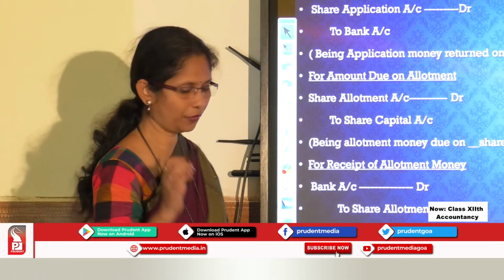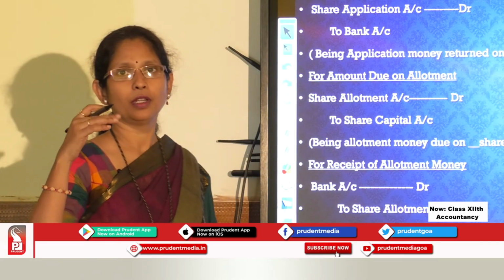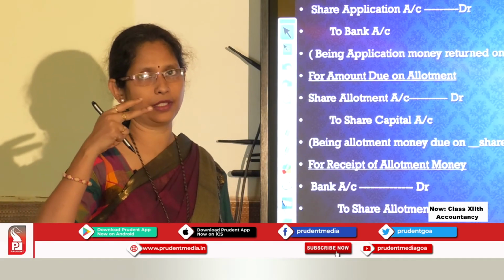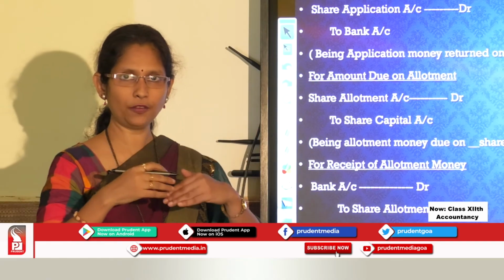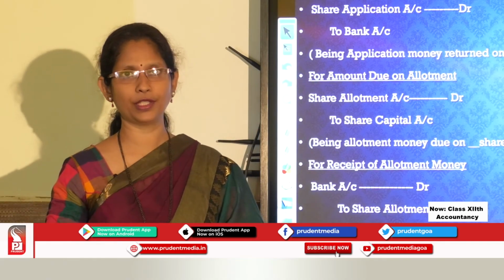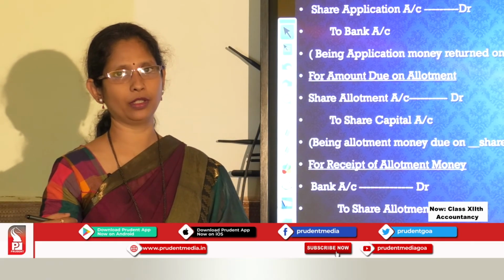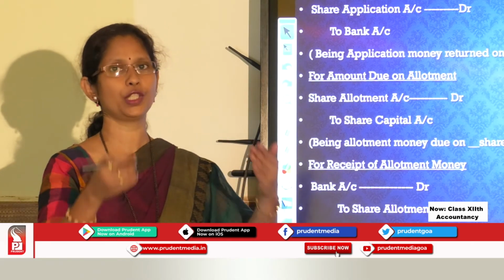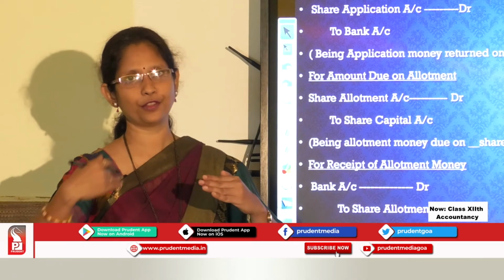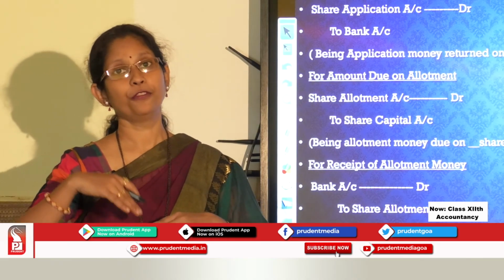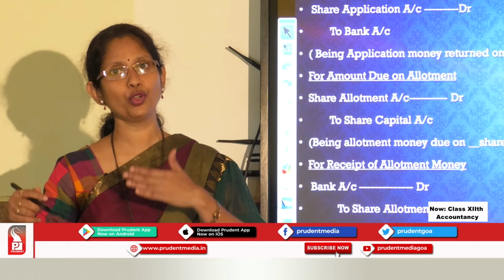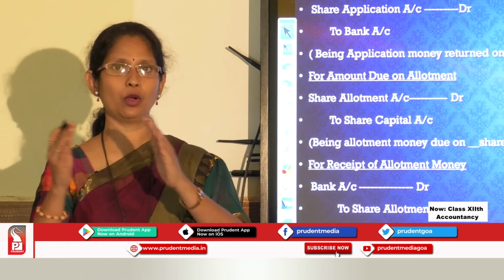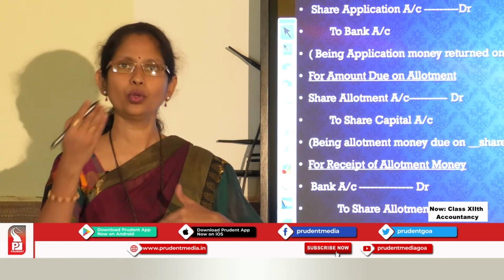Now if you just analyze, these are the two main entries: first to receive the amount, then to transfer to the share capital. In the first step, that is application, you receive the amount first, then you transfer to share capital. Further, in the next stages, you first transfer the amount to the share capital and then you receive.